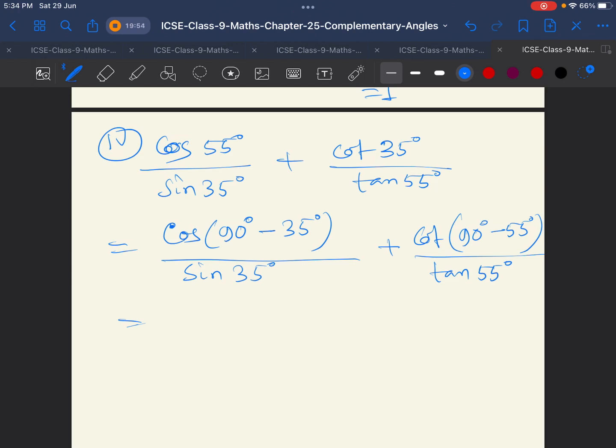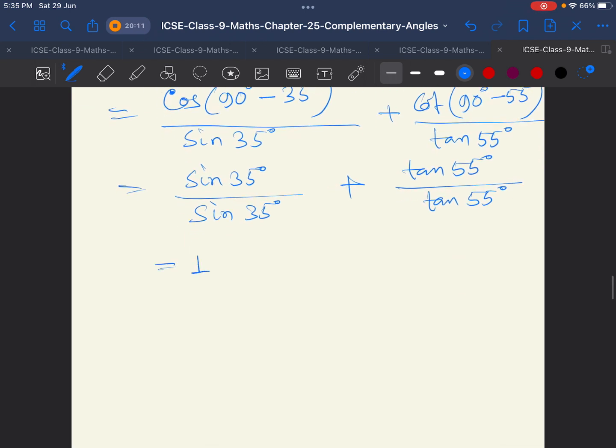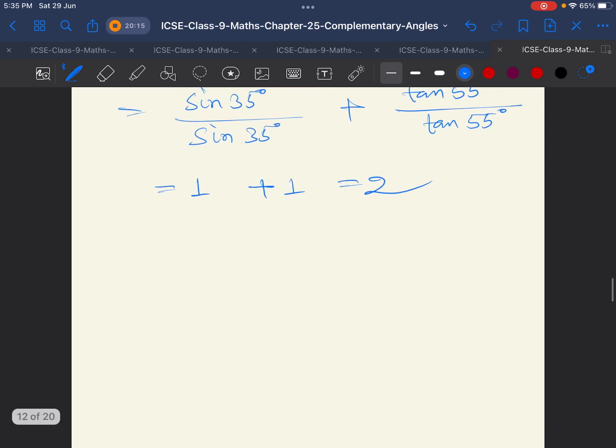So cos of 90 minus 35, we can write sine of 35 degree by sine of 35 degree, plus tan of 55 degree by tan of 55 degree. So this is 1 plus 1, so this is 2.